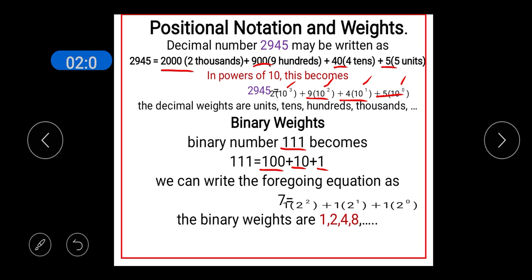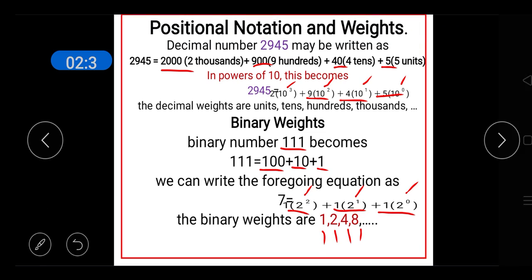Or you can rewrite this as 1 into 2 power 2 plus 1 into 2 power 1 plus 1 into 2 power 0. The binary weights are 2 power 0, 2 power 1, 2 power 2. Or we can write the binary weights as 1, 2, 4, 8 and so on.